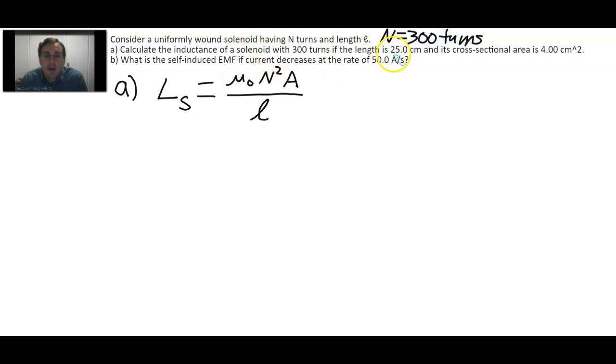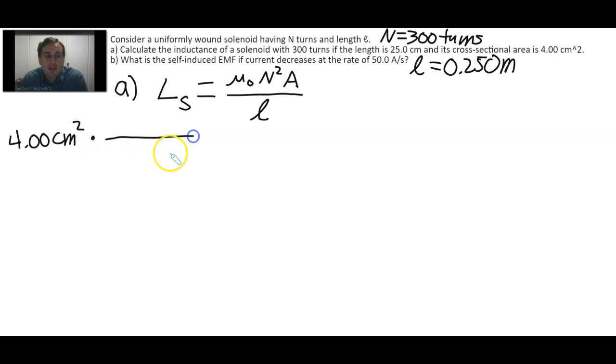And then we also know that the length is 25 centimeters. In SI units, that's 0.250 meters. And the cross-sectional area is 4.00 centimeters squared. If we want to get that in square meters, we have to go centimeters to meters.